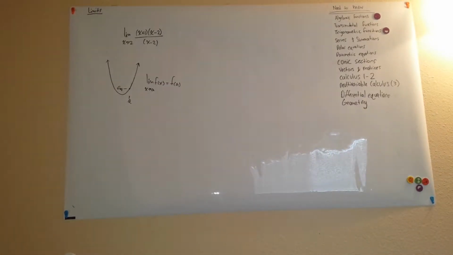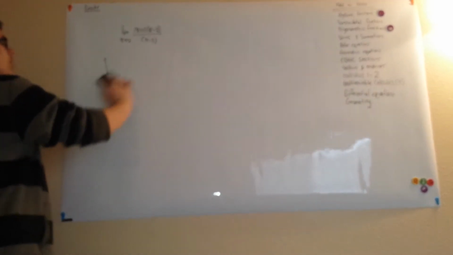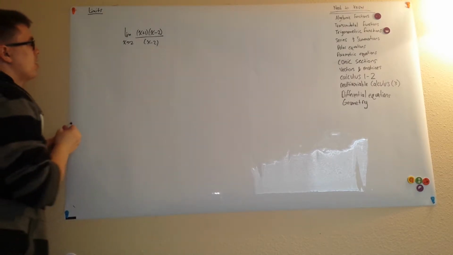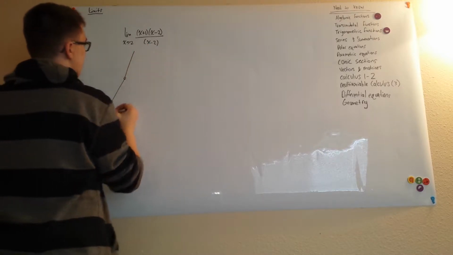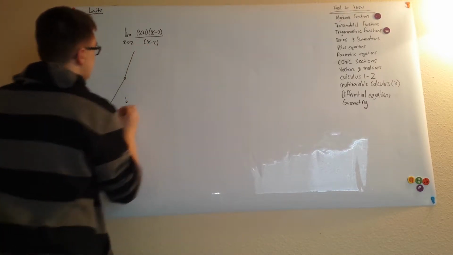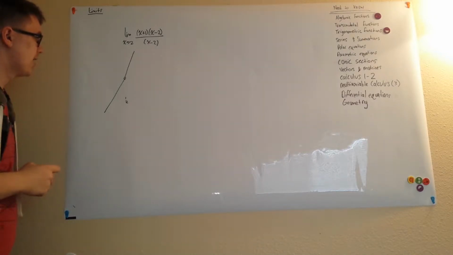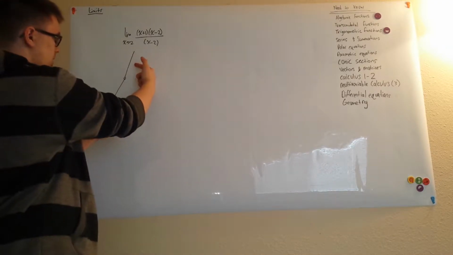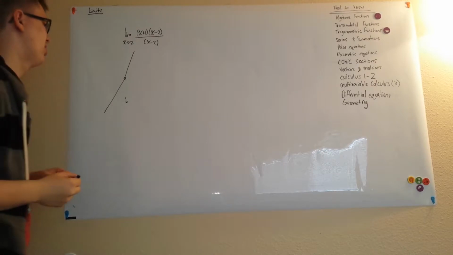But with this example, if you look at this visually, we get something like this. And this is 2. And what we see here is that we're approaching. Oh, but the function is undefined there.